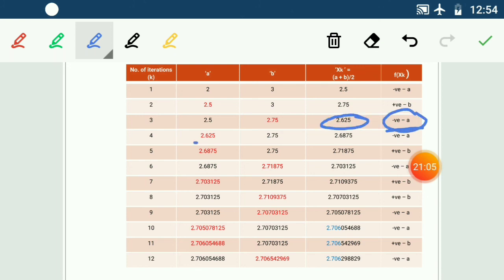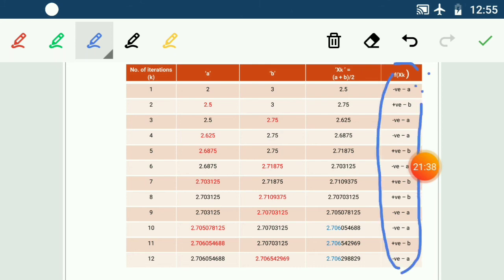Okay, so in every iteration either a will change or b will change. Either a or b will change, but it is sure that both will not change together. Either a will change or b will change. Okay, so I have given here in the table format. You can check this value f of x, and with negative the a changes, with positive the b changes, and in the next line it has been changed.